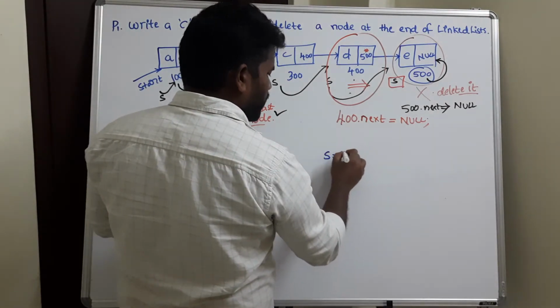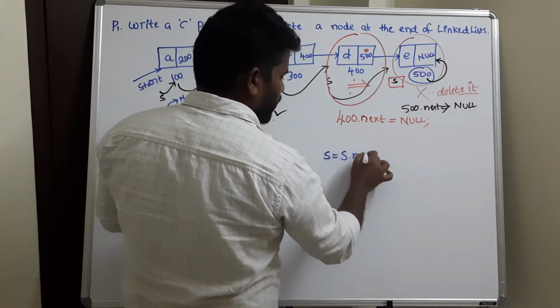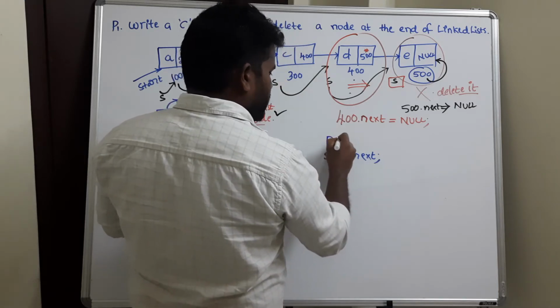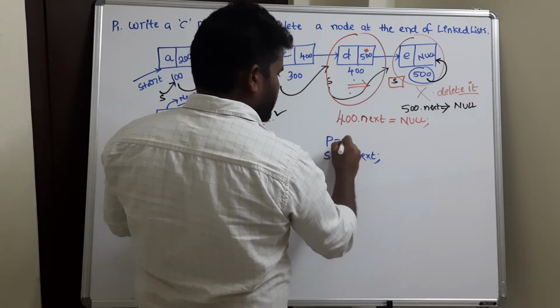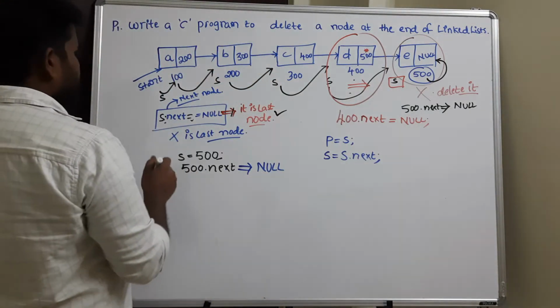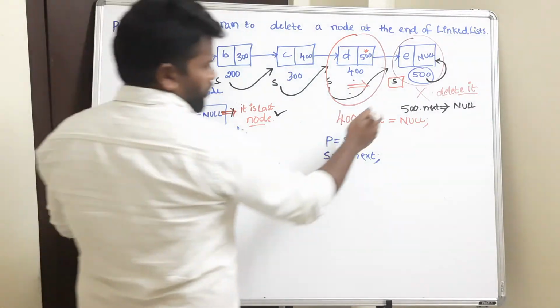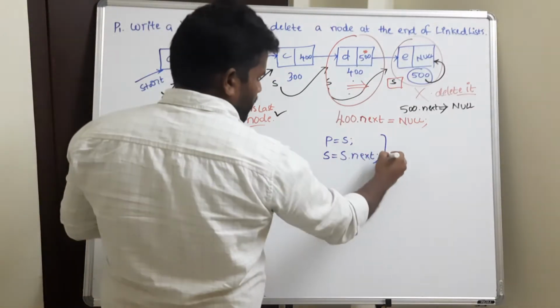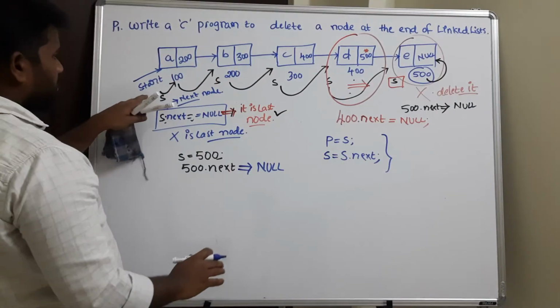So if you are doing s is equal to s dot next, before that I will take some p and I will assign s to it. That means if my s is here, see, I will do it from the start.